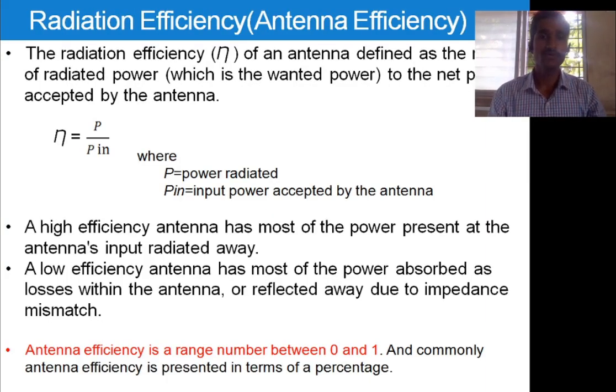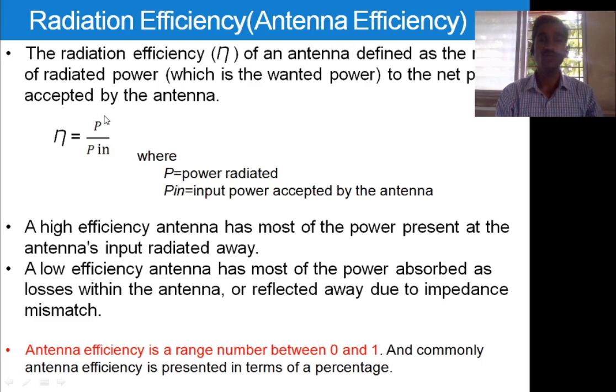The next important parameter of an antenna is radiation efficiency, or antenna efficiency, and it simply tells how much of the power we feed is transmitted into space. That means if you provide P input power and it radiates P radiated power into space, that ratio is simply the efficiency.